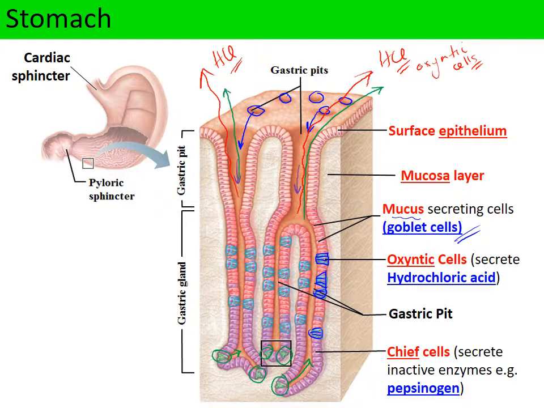We know the acid cleaves off a portion of the pepsinogen to make it active pepsin, and we know pepsin is then going to start to break down protein within the bolus of food that's been taken into the stomach. And just as another recap, pepsin is an endopeptidase. We know it breaks down large or long polypeptide chains into shorter peptide fragments. So it's the first stage of protein digestion.